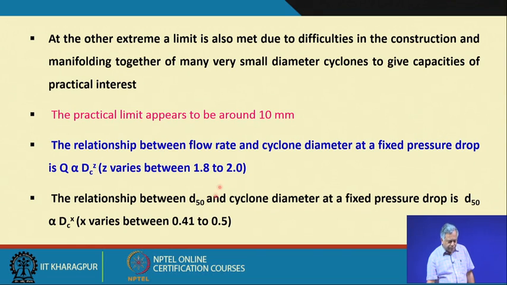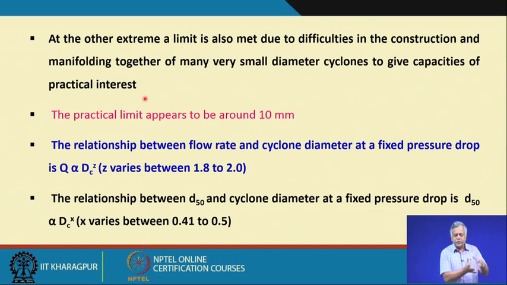At the other extreme, a limit is also met due to difficulties in the construction and manifolding together of many very small diameter cyclones to give capacities of practical interest. The very important thing is, I can use a smaller diameter cyclone, but as I said, the unit capacity will be very less.